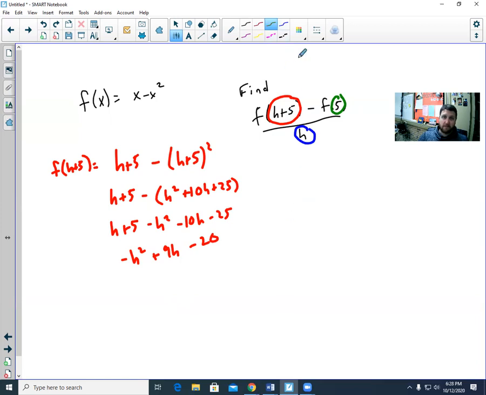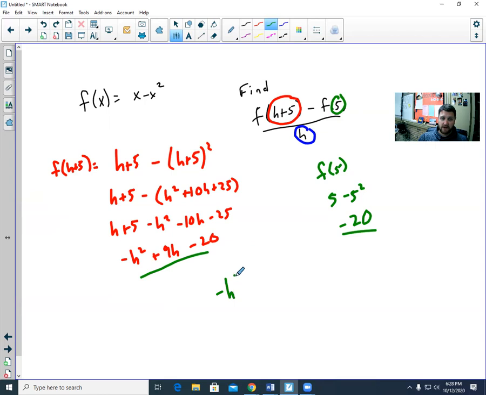Now I have to do the same thing with f of 5. So if I have f of 5, I'm just going to plug in 5 minus 5 squared, which is nice because I don't really have to do much. This is just going to end up being negative 20, right? And then what it wants us to do is subtract this thing from this thing and divide by h.